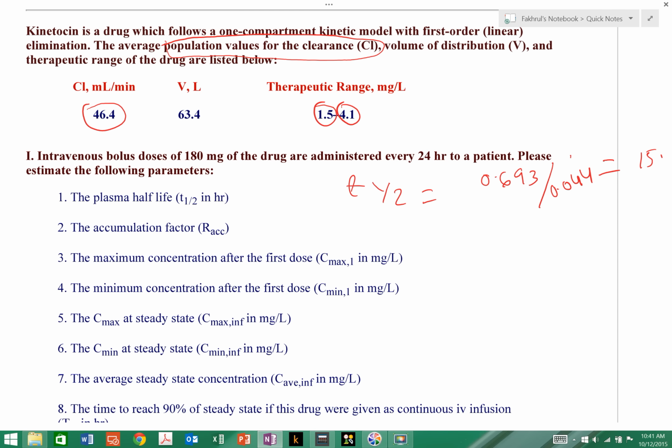Now you have to calculate the accumulation factor. To calculate accumulation factor, you have to use this equation.